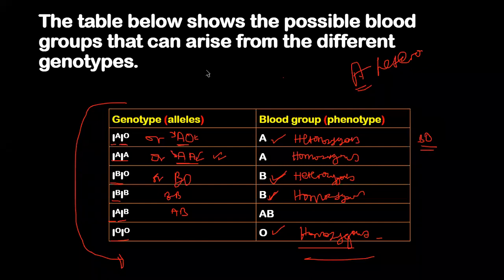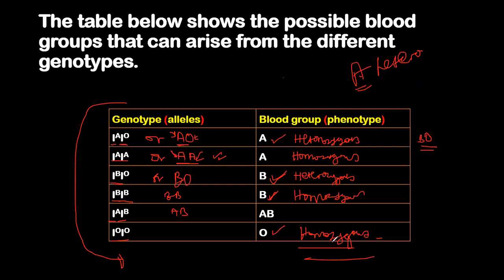Now Theta. If they say Theta Christian Ronnie is homozygous for blood group B, then it means the two alleles that determine his blood group are identical.